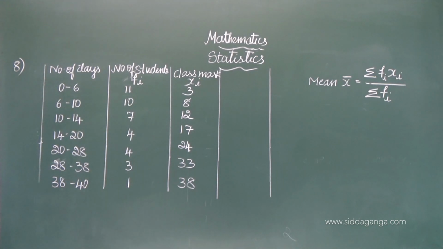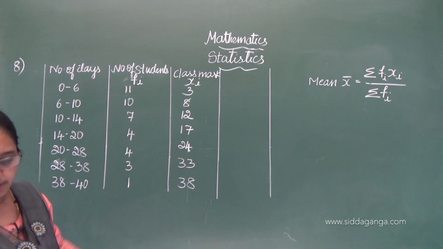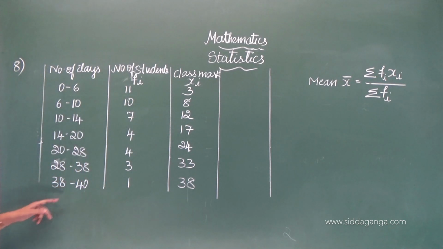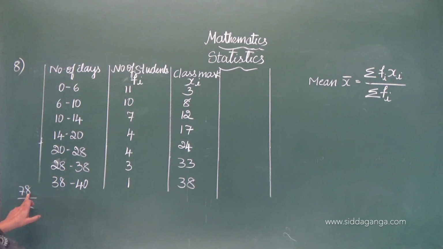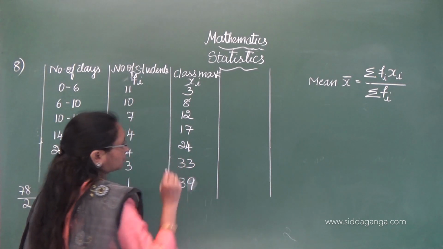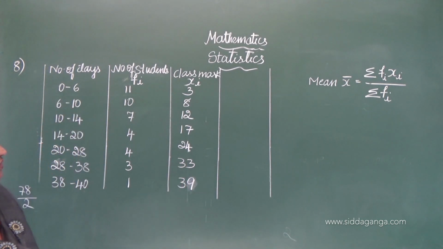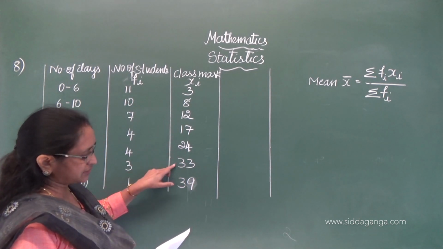Let me check once: 3, 8, 12, 17, 24, 33 and 38. 78 divided by 2, 2 3s are 6, 2 9s are 18, sorry, here it is 39. Once you check, xi is 3, 8, 12, 17, 24, 33, 39.